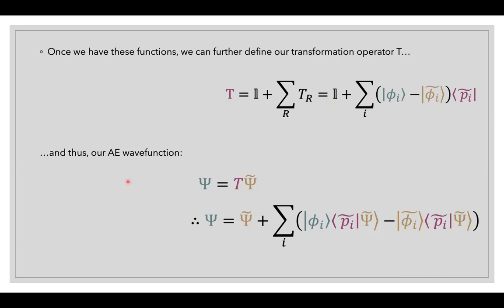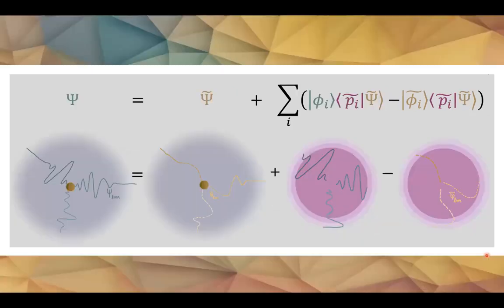And so you find that translates directly to our wave function. We get that the total wave function is equal to the pseudized wave function plus this long complicated thing, which I will illuminate a little bit further here using this diagram.